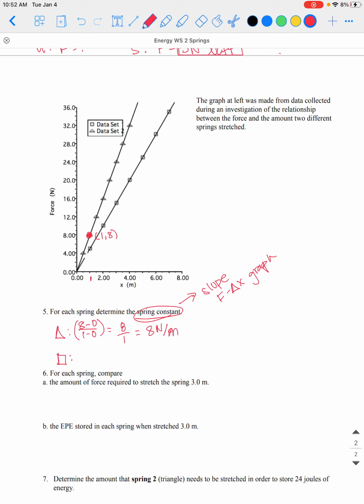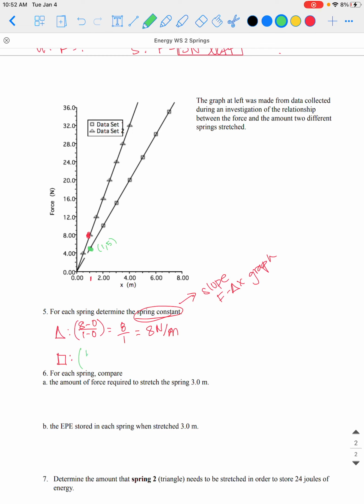The second one, let me just erase this here. I'm going to use a different color. So the second one, I've got this point right here, which looks to be about 1, 5. And right there, I'm going to again use 1, 0.